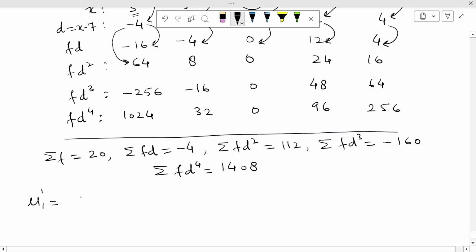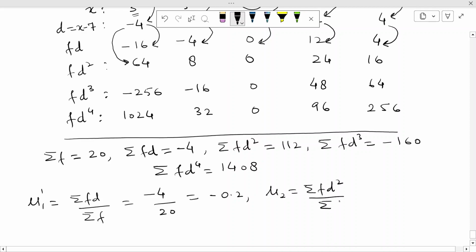So mu1 dash is summation FD over summation F, which is minus 4 upon 20, or minus 0.2. Similarly, mu2 dash is summation FD square over summation F, 112 divided by 20, which comes out as 5.6.